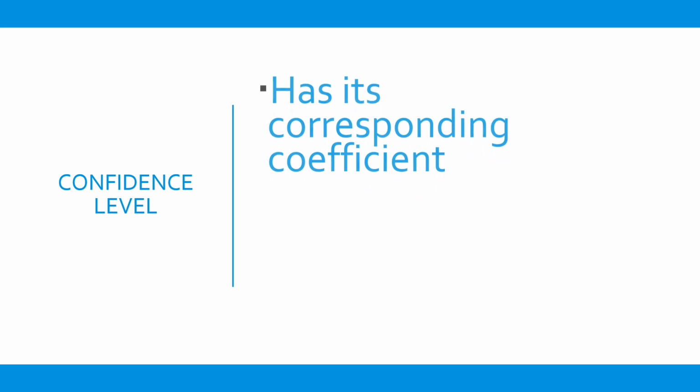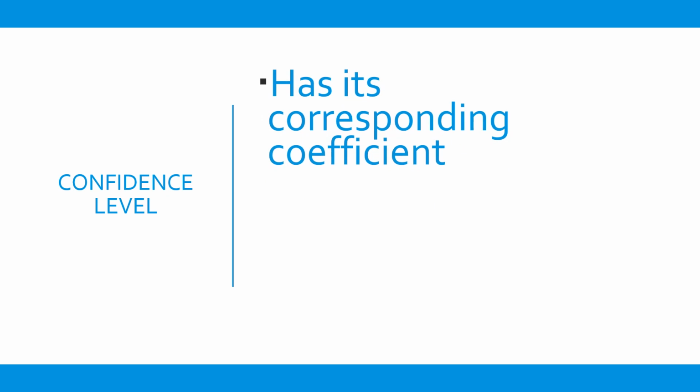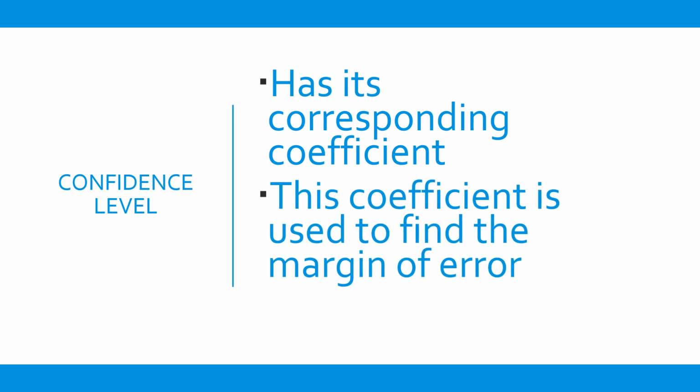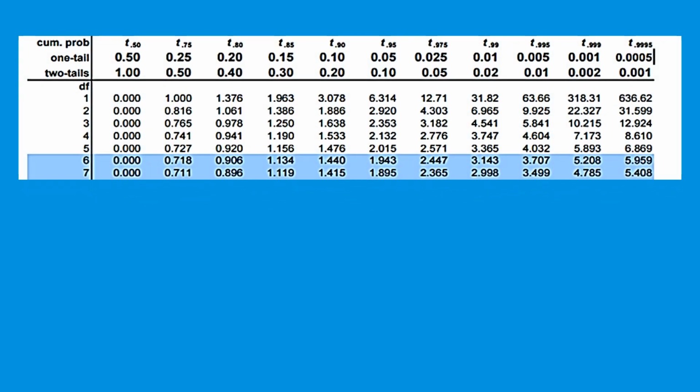Para makuha natin ang confidence interval, need natin ang confidence level. Confidence level has its corresponding coefficient, and this coefficient is used to find the margin of error. Ito ang t-distribution table.